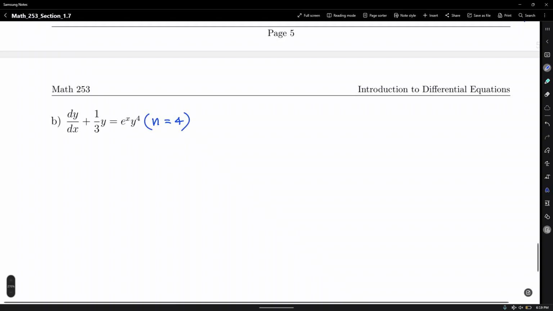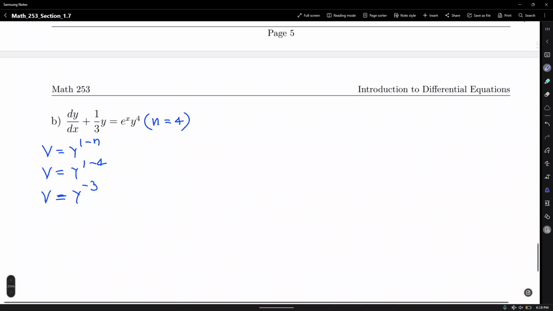All right, let's perform the substitution. So v equals y to the 1 minus n, which is v equals y to the 1 minus 4, which is v equals y to the negative 3.